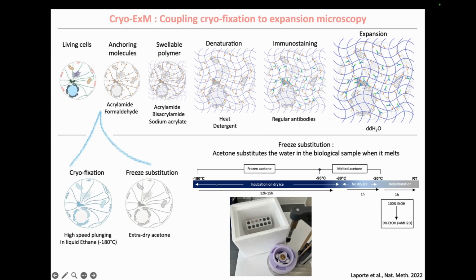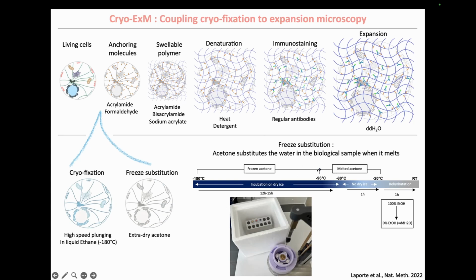So basically, after we cryofix the cells, we transfer them onto these little tubes here that contain acetone, which is completely frozen. We just put everything on liquid nitrogen, so the acetone is frozen at minus 180 degrees. Then you just lay down the coverslip on top, and then you incubate this on dry ice overnight. Although this can be reduced, it's quite convenient to do it that way.